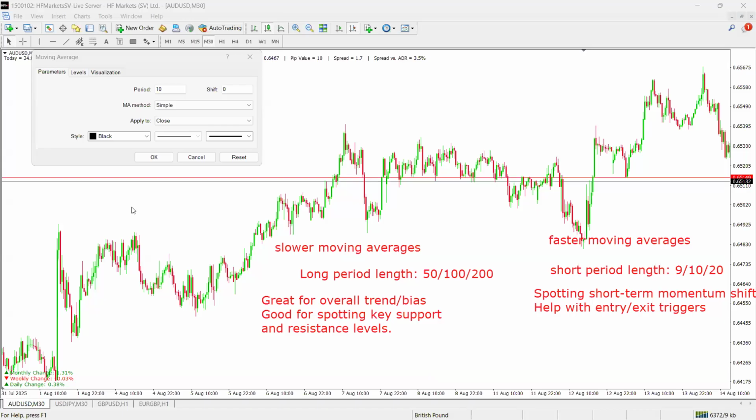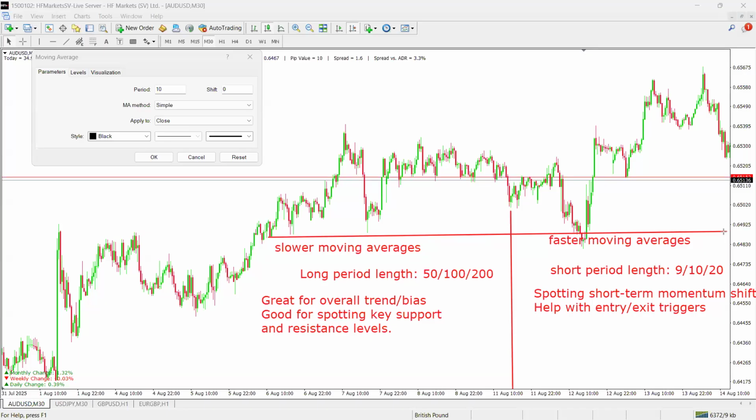So if you're trying to separate them into two, as someone who is looking to get short-term entries, anything short-term, you need a faster moving average. Naturally. But if you're looking for directional shifts, overall trend biases, then you need a slower moving average.